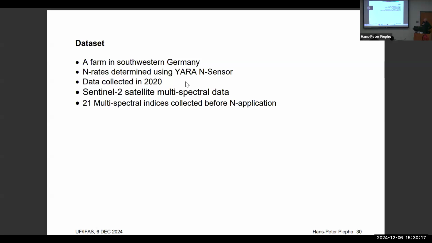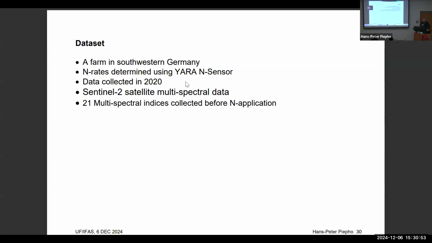The data that he had available were the N amounts applied, spatially explicit, so the positions were referenced, and the yield as well. So we had the yield, the amount of N that was actually applied, and then satellite data, multispectral data from which multispectral indices were derived. At different points before the final N application, these indices were assessed.